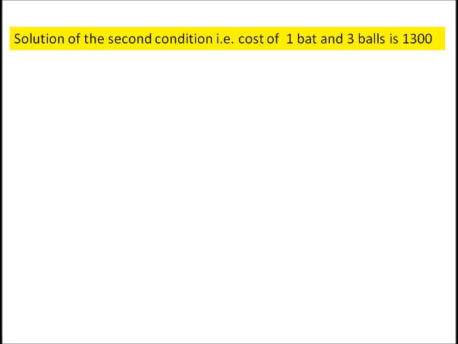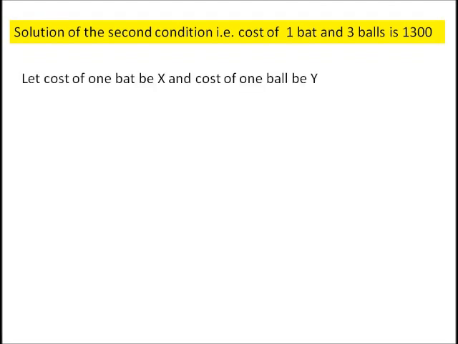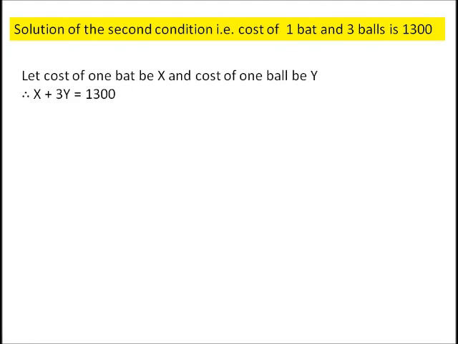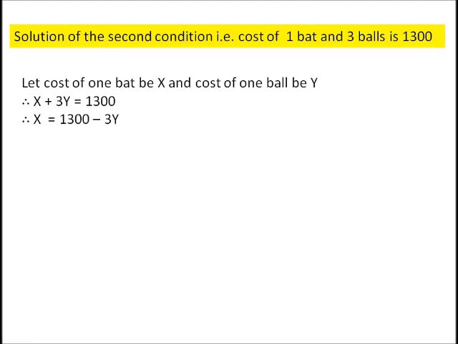Now take the second condition. So solution of the second condition, that is cost of 1 bat and 3 balls is 1300. Let cost of 1 bat be x and cost of 1 ball be y. Therefore x plus 3y is equal to 1300. Therefore, x is equal to 1300 minus 3y.